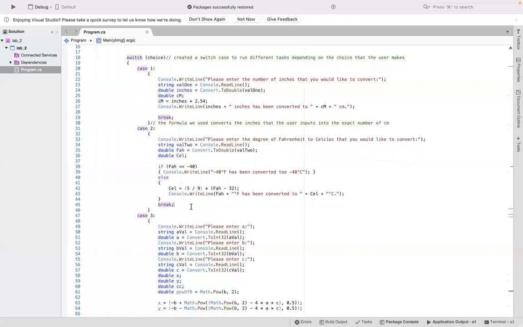So now we'll write a similar comment here. So the formula we used, Fahrenheit to Celsius. Yes.